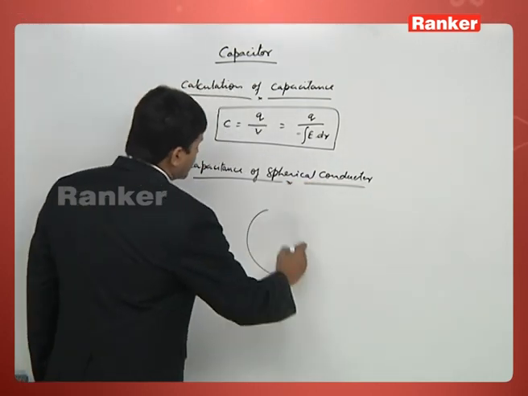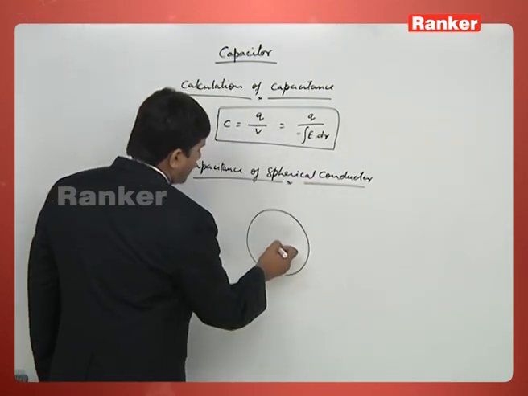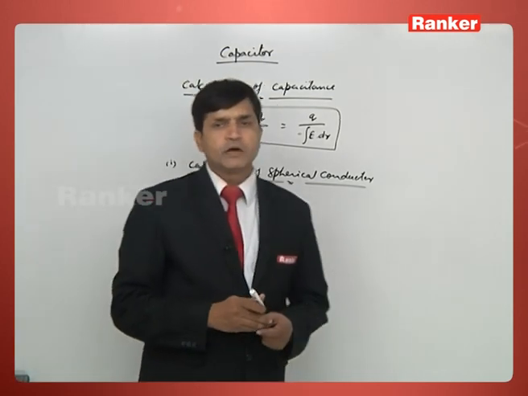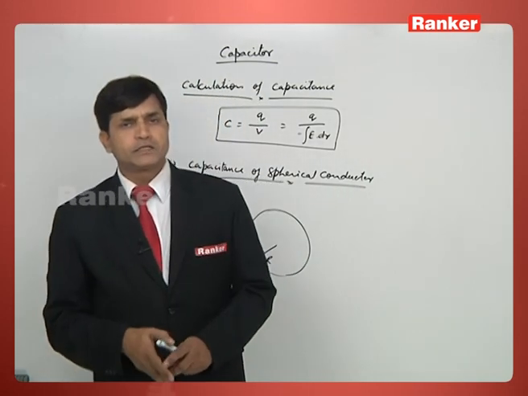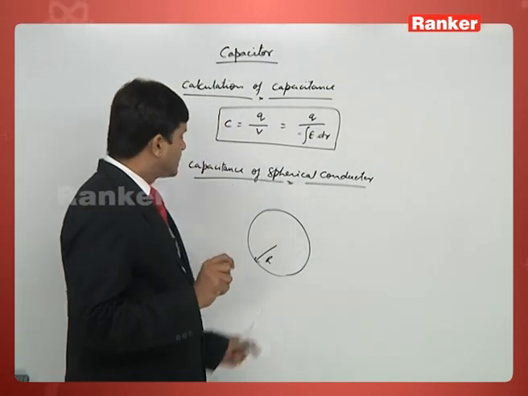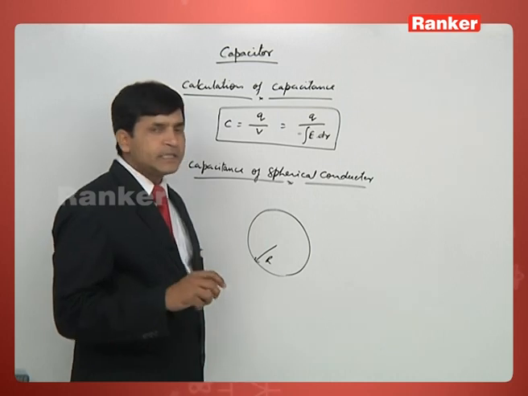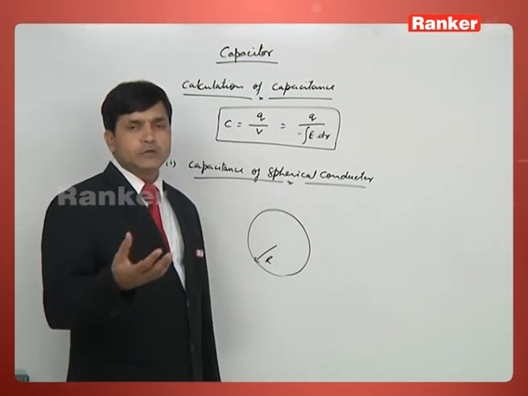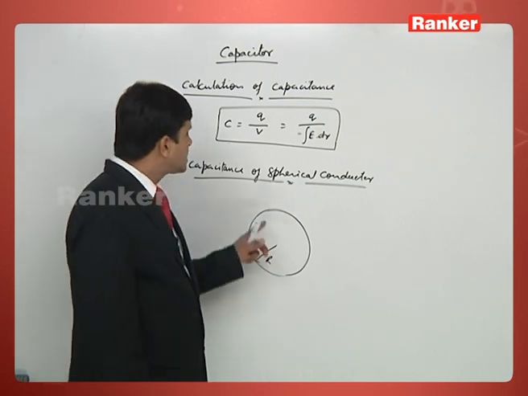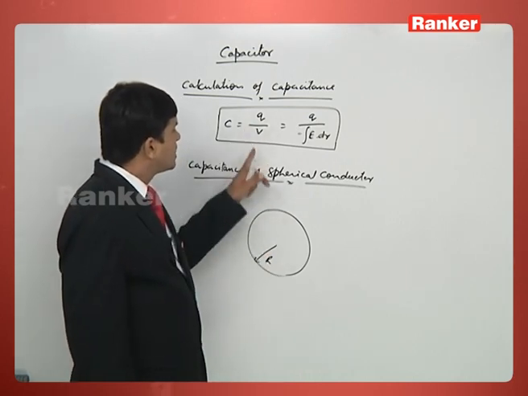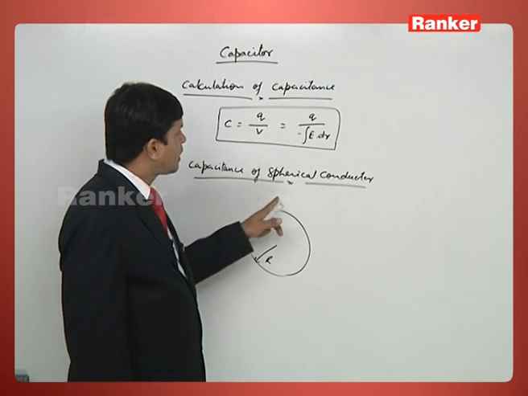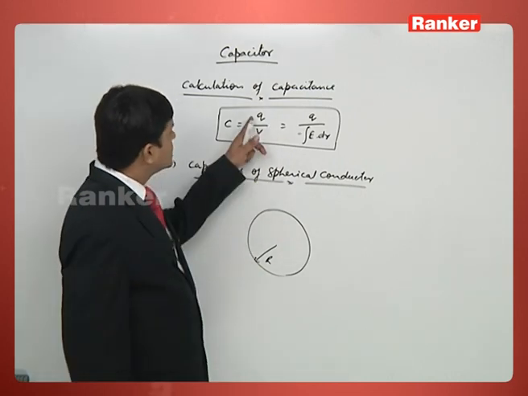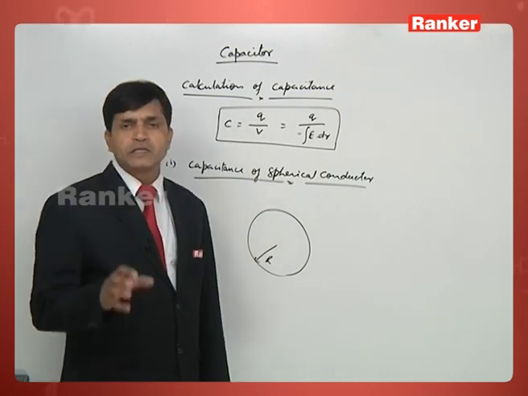Suppose this is a conductor of radius R. If we want to find its capacitance, it is not necessary that the conductor must have a charge. We are only assuming: suppose we give a charge Q, then how much potential develops on its surface? The ratio of charge to potential is called the capacitance.